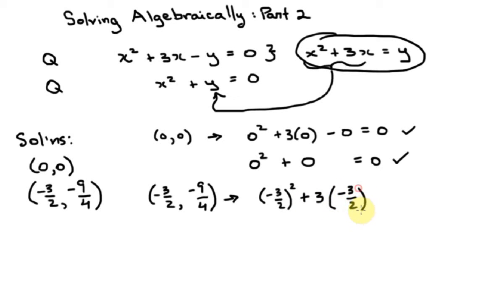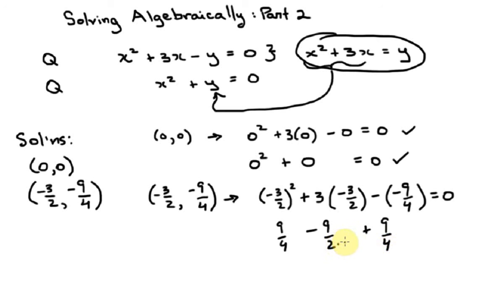Okay, so I'm just plugging all that in and then minus the y value, and hopefully this looks like it's going to turn to 0. Well, let's see. This here would be positive 9/4, and then we have in the middle here minus 9 halves, and then the double negative over here we would have plus 9/4.